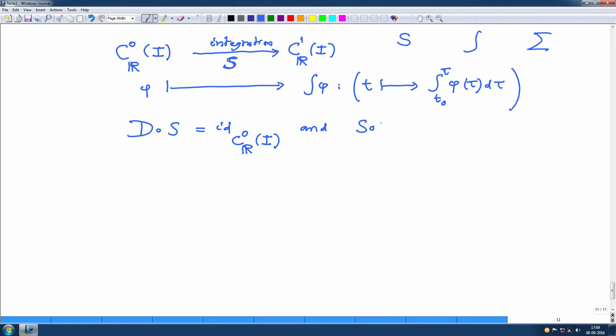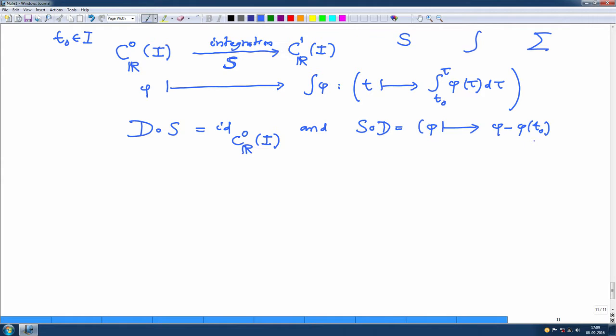S composed with D is precisely the operator which sends the map phi to the map phi minus phi evaluated at t naught, where t naught is fixed in the interval I. This is because the function doesn't determine the integral uniquely, but it's determined up to a constant, and that constant is uniquely determined if you evaluate at a given point.